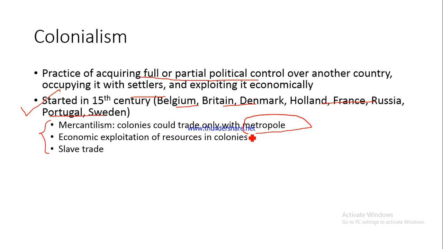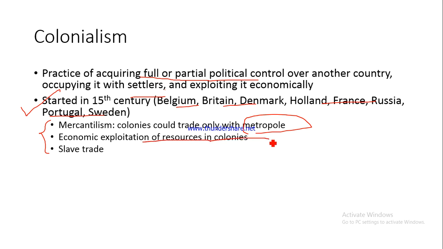So in some cases what happened, colonialists forced their colonies to trade with them only, and these colonies were not allowed to trade with any other country. So this was just one form of economic exploitation. Another form was exploitation of resources in the colonies.